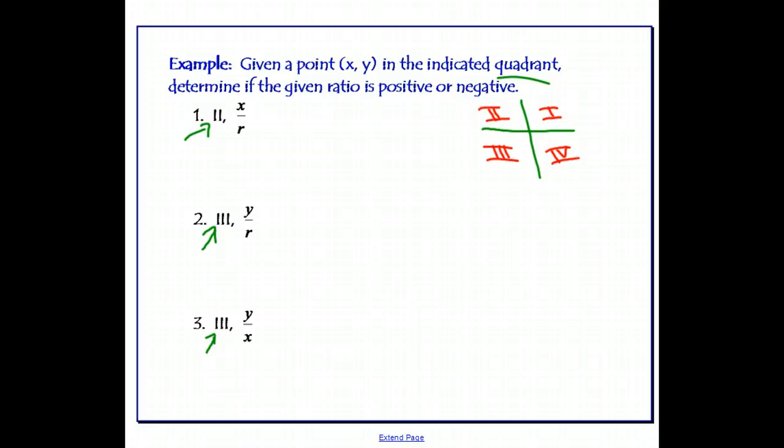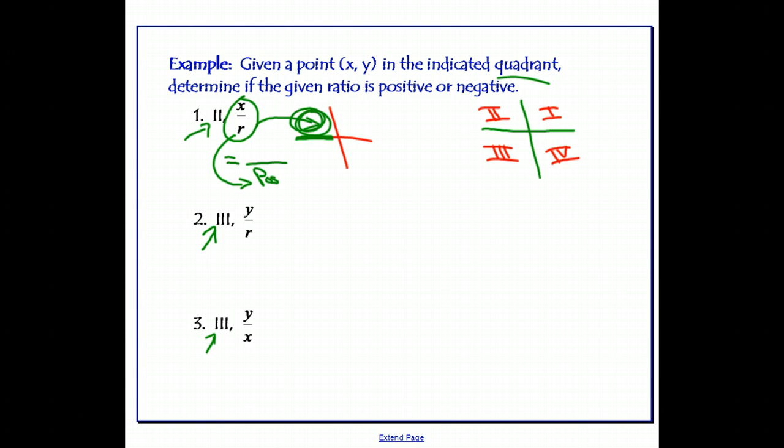So let's think this through. We've got this problem. We are over here somewhere in the second quadrant. The question is, in the second quadrant, what is your x going to be? Is it positive or negative? And what's your r going to be? And we've said that already. r is always positive. So we know on the bottom we've got a positive. And in the second quadrant, how do you get over here?